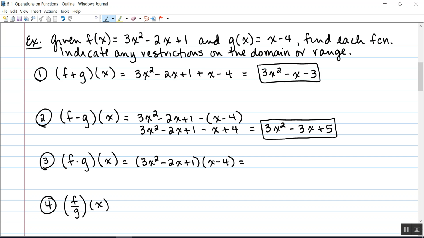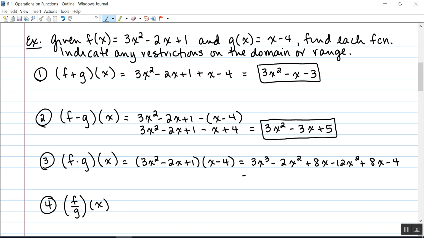So I'm going to go a little backwards here. I'm going to distribute x to each term of my trinomial. So 3x³ − 2x² + x. Then distributing −4, it's going to give me −12x² + 8x − 4.